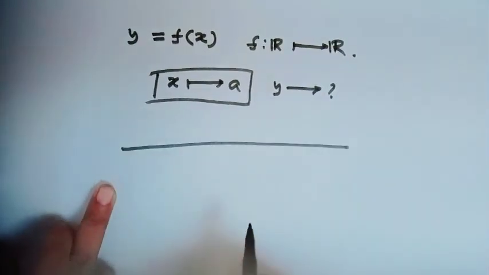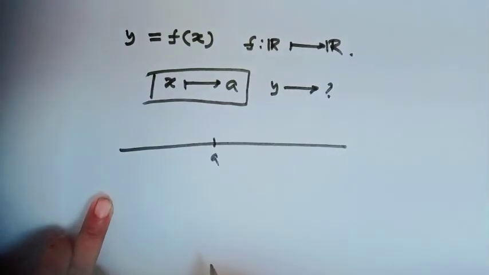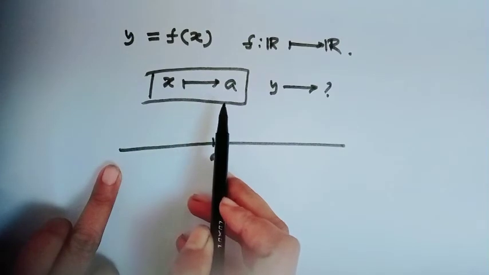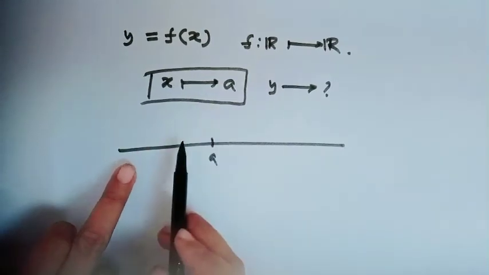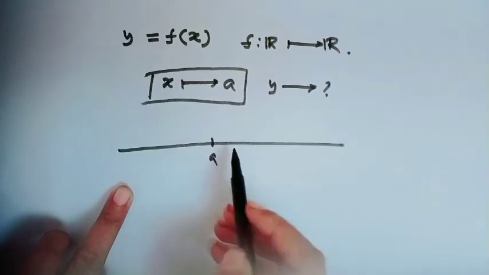Let's see the picture. This is the real line, this is a. X goes to a means x can approach from the right side, the left side, or both.